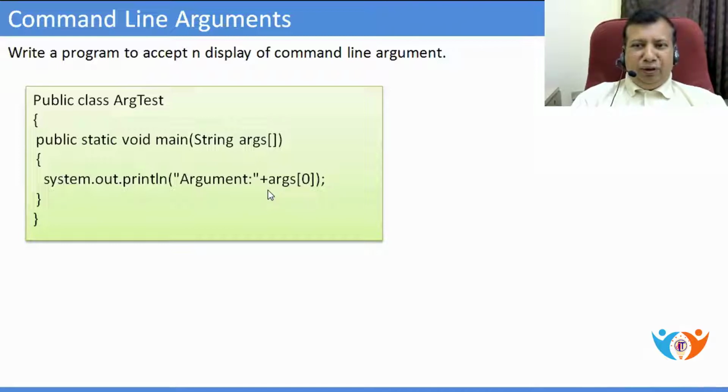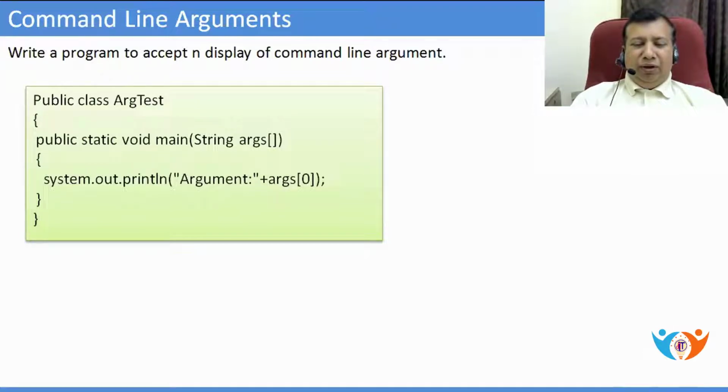In Java we can use plus for two purposes: one is arithmetic addition and another is concatenation of two strings. In this case, one operand of the plus is a string because it is given in double quotes, and the second one is args[0], which is again of type string. As both operands are of type string, it will work as concatenation.